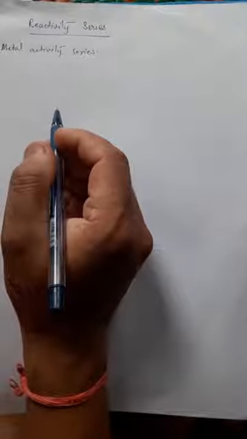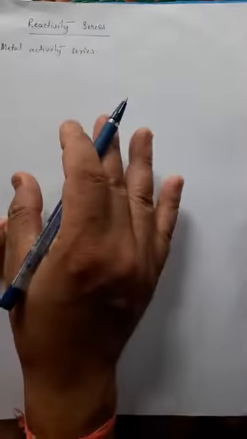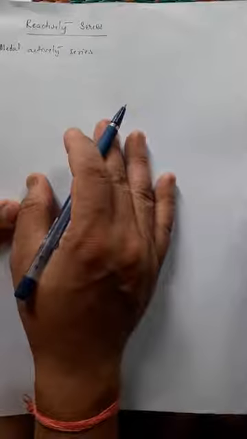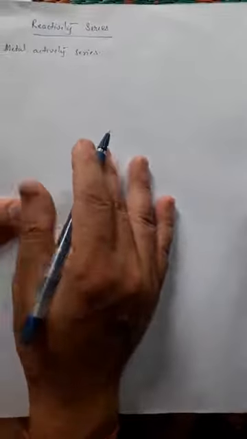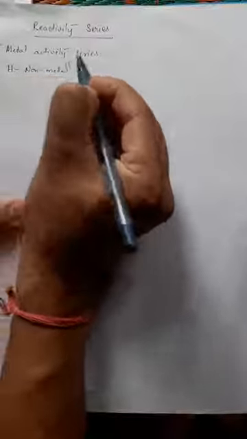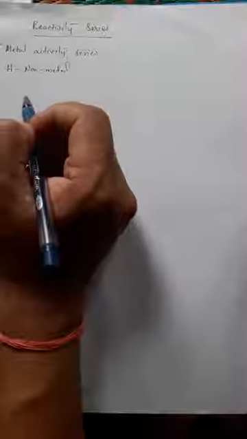Before we go into details about the metal activity series and see the series, let me talk about some exceptions. We know hydrogen is a non-metal. Although hydrogen is a non-metal, it is placed in the metal activity series.